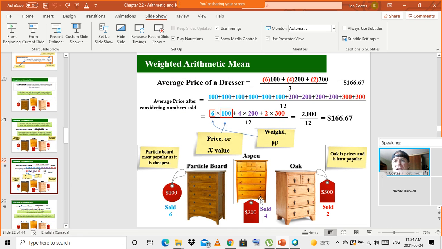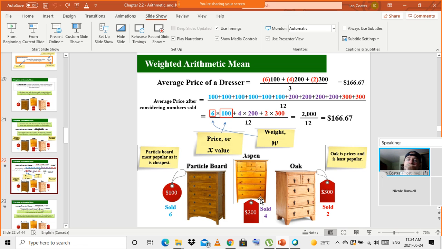Now, how do we calculate the weighted mean? Because we've got a couple things going on here. The particle board is $100, but we're selling 6 of them. The aspen, $200, but we sold 4 of them. And the oak is $300, but we sold 2.